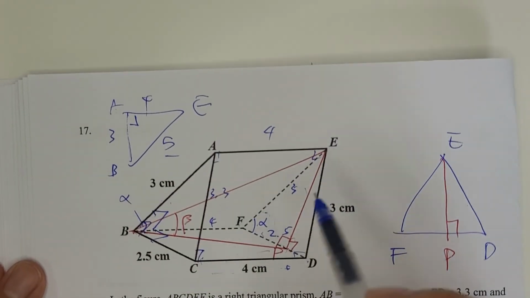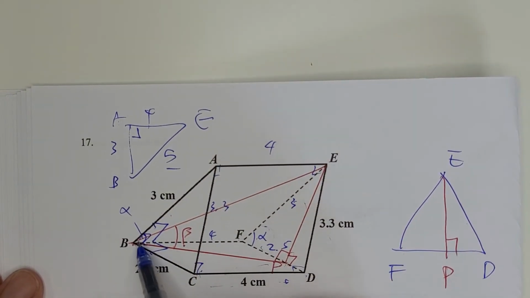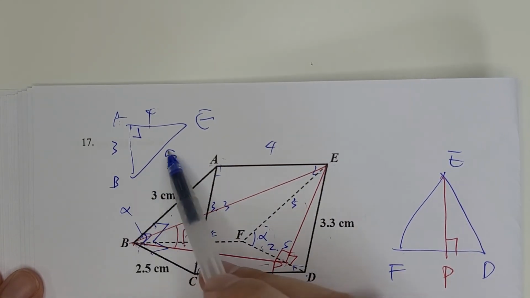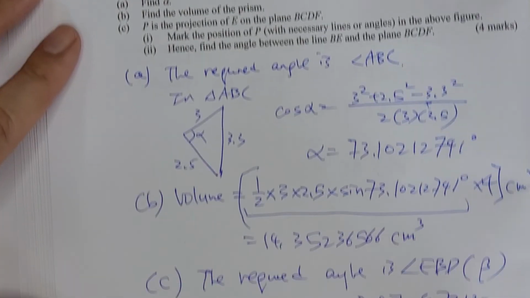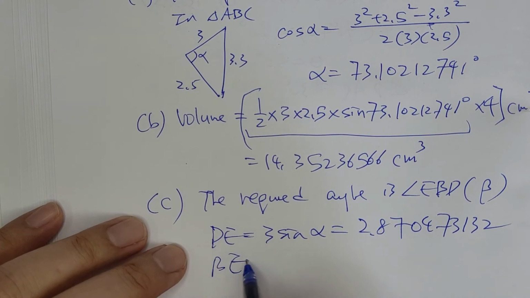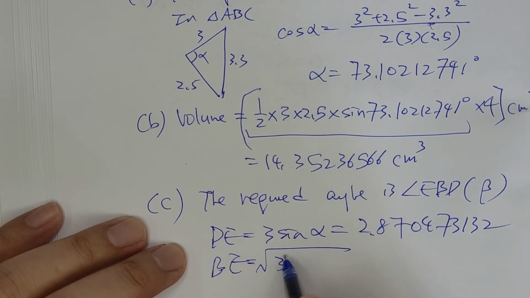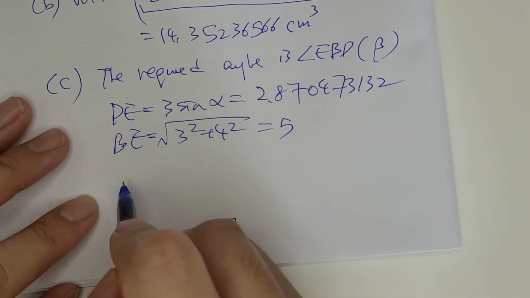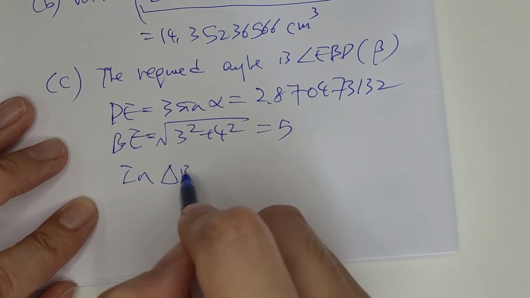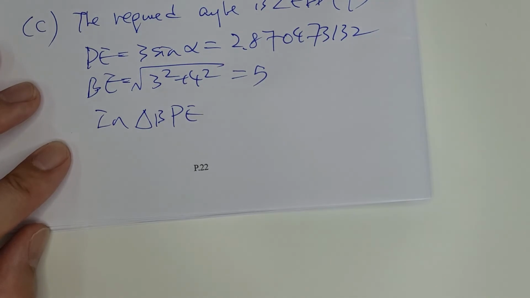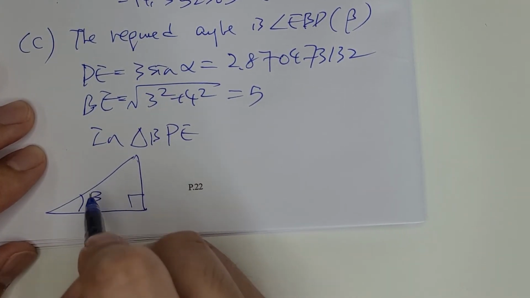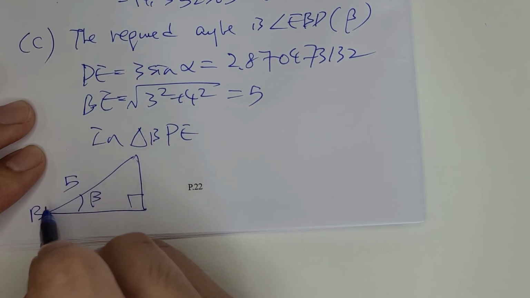And next, you know that in the triangle BAE, BE is equal to 5 by using Pythagoras theorem. So BE, that is square root of 3 squared plus 4 squared, that is 5. So in triangle BPE, draw this one, that is beta.